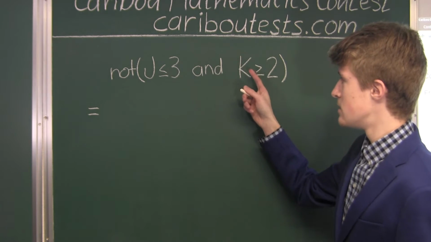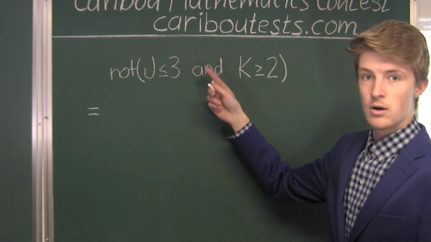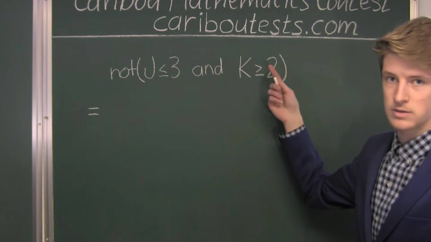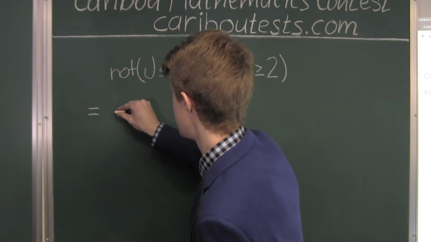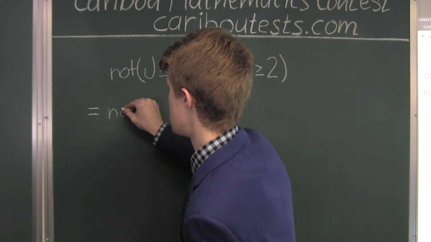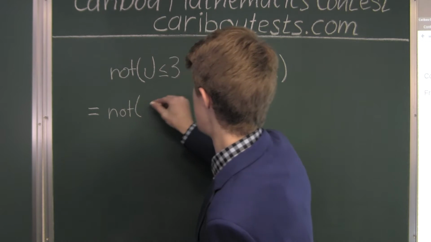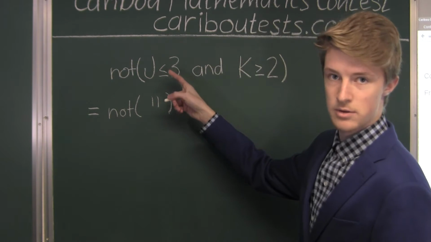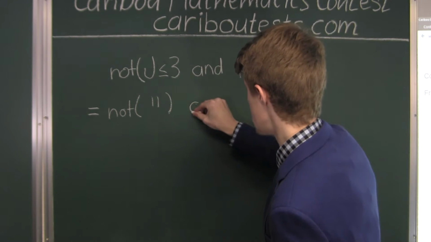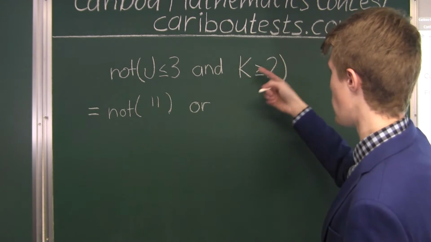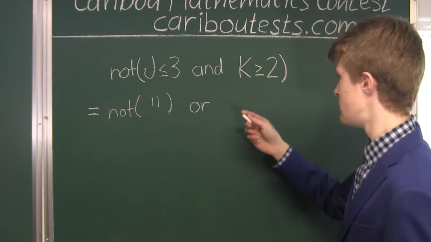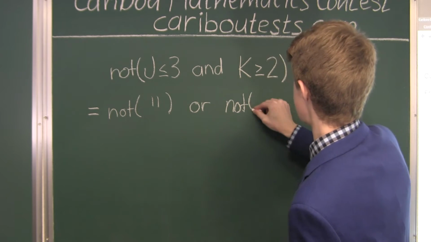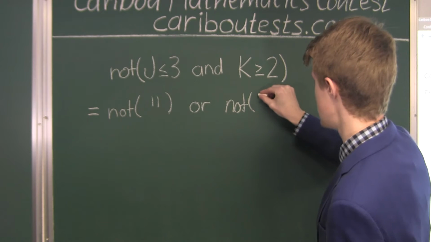But for it to be false, it is already enough for just this or this to be false. So therefore, we will have not, and then in brackets J less than or equal to 3, and then we have the "or", because this or this can be false, or not, K greater than or equal to 2.